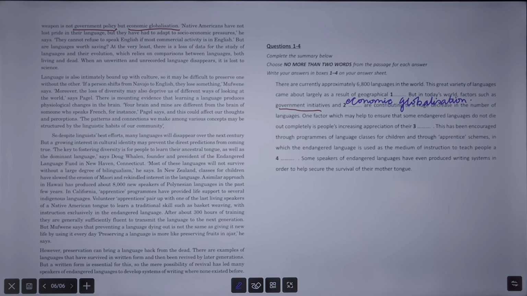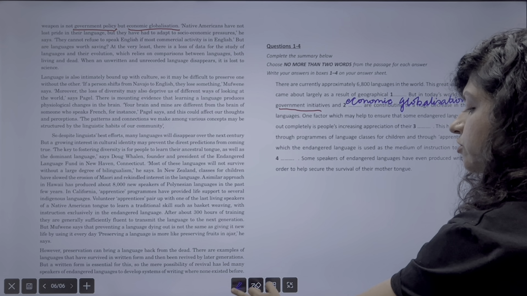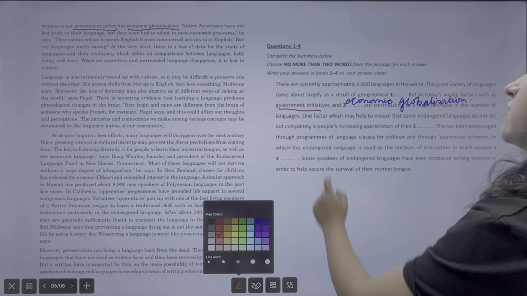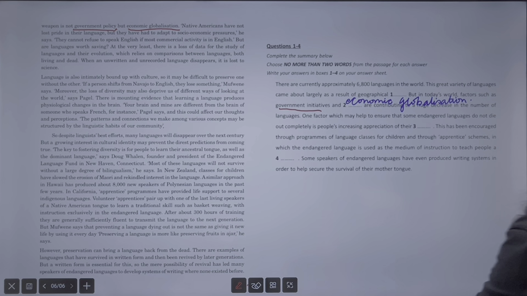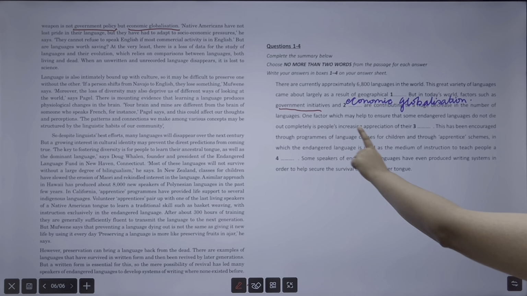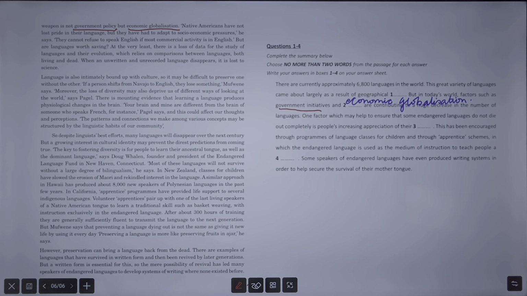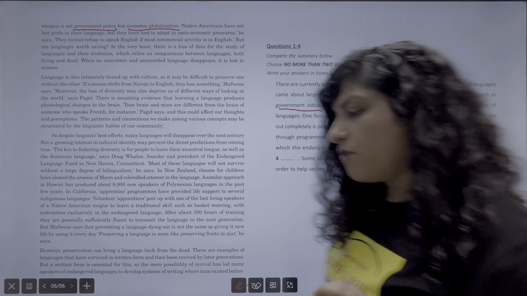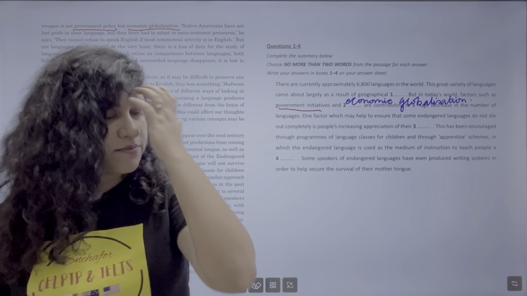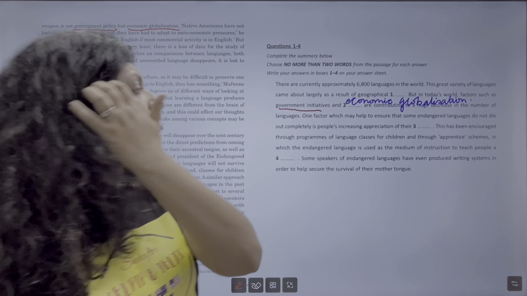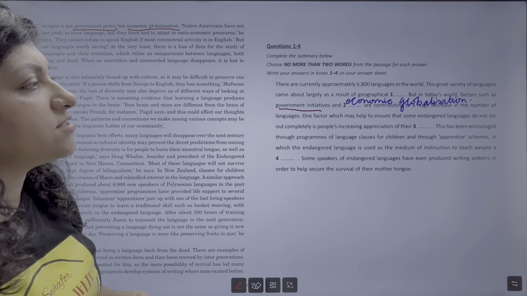Now let us try to solve question number 3. The statement for question number 3 says, one factor which may help to ensure that some endangered languages do not die out completely is people's increasing appreciation of their dash. So now we are talking about factors that make sure that we do not lose languages.